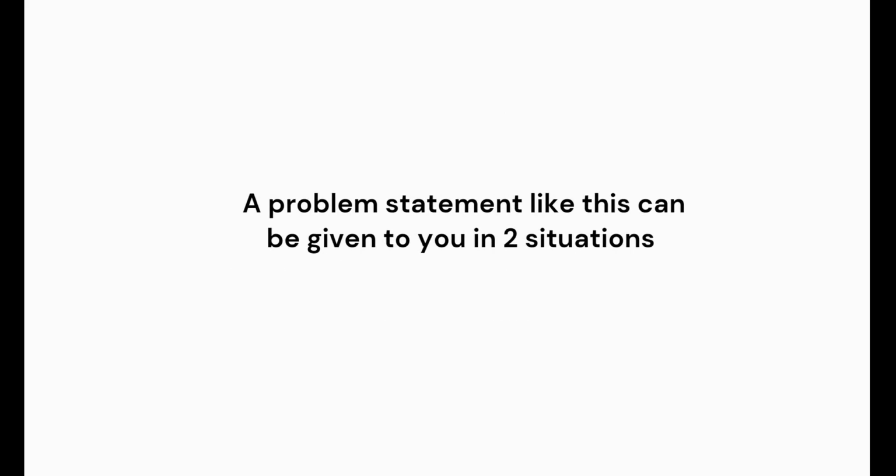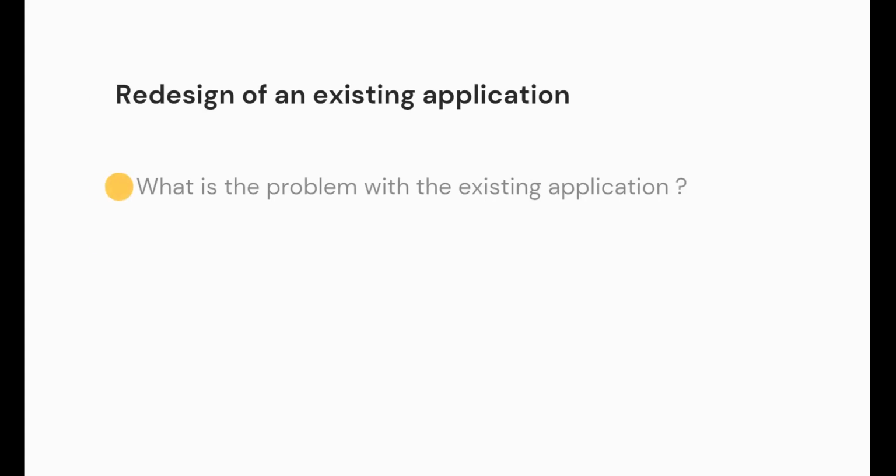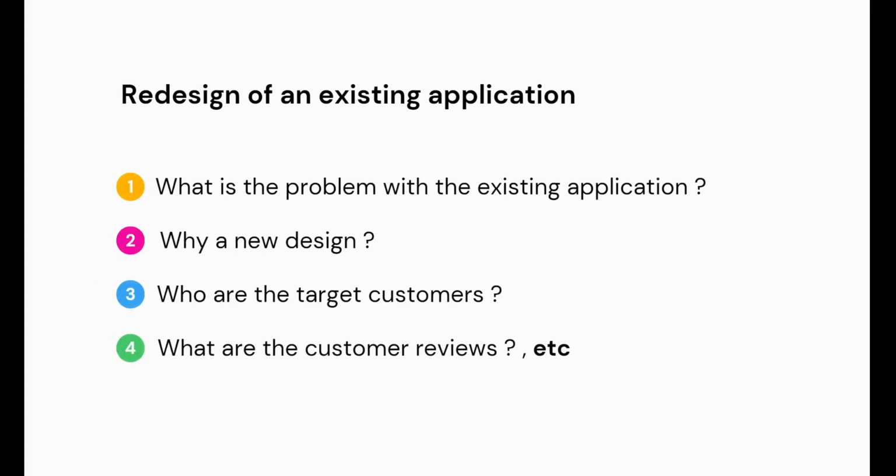Now, this business problem can be given to us in two cases. The first is when a company already has an application and they're looking to streamline their menu navigation or simplify the ordering process, which means that they already have a process for menu navigation and an ordering process, and they're looking for some improvement here.